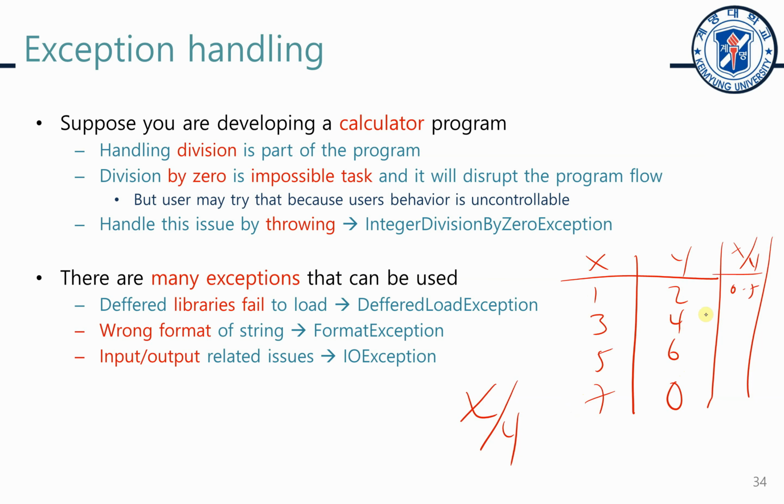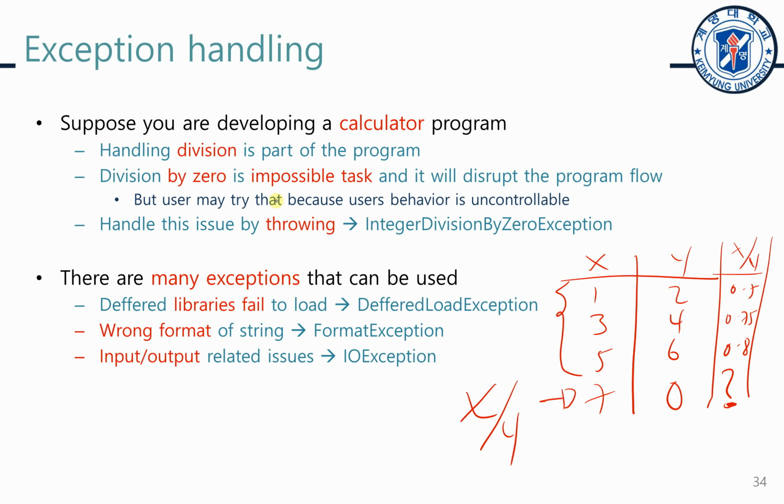It should work for this one. 0.75, something like that, it should work for this one too. Probably 50 over 6, 0.8, something like that. But there should be some problem here. So the program should work up to here, and it should catch the exception here.